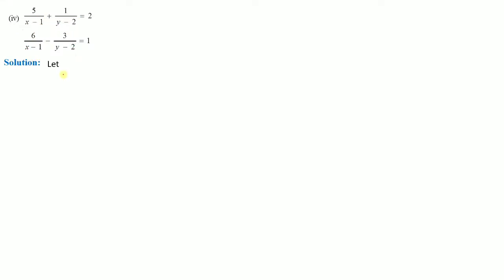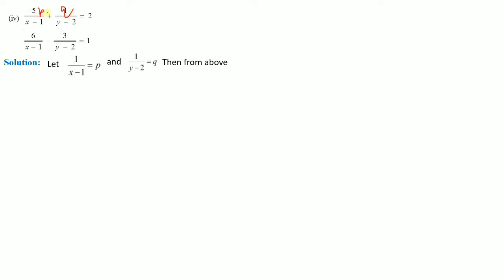Like the previous question, let 1 upon x minus 1 be equal to p, and 1 upon y minus 2 be equal to q. Then from above we will have 5p and 1, so only q.